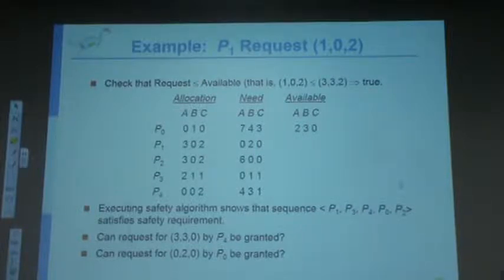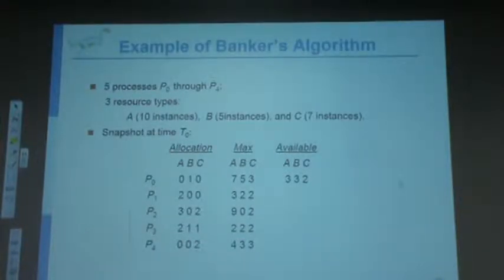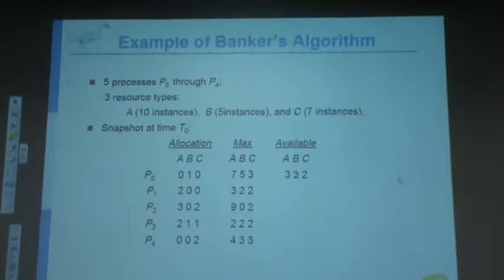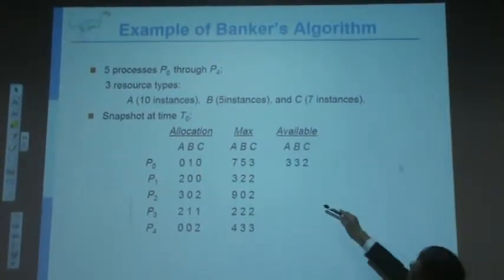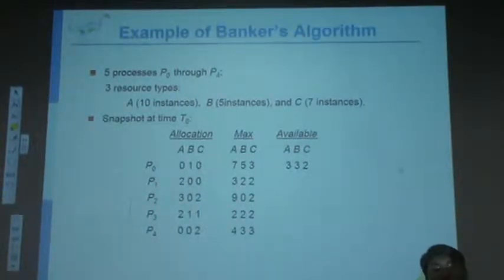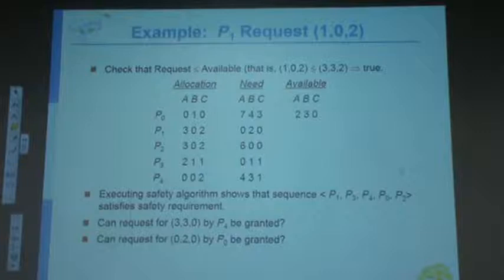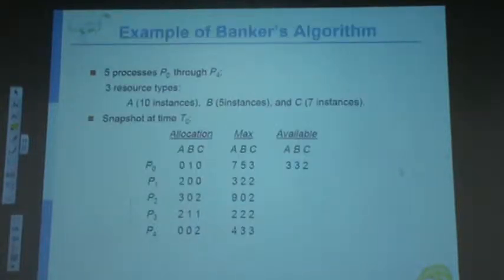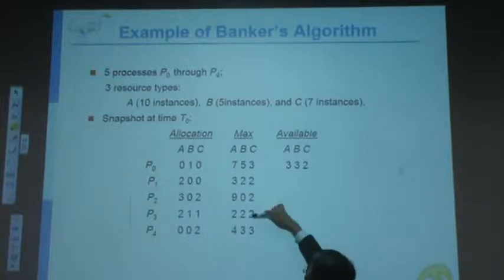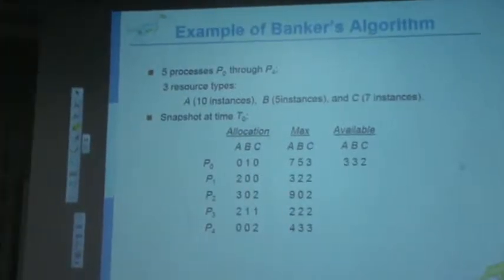What about P4 requesting 3, 3, 0 from this state? So available we have 3, 3, 0. Yes, you can grant it, but what if you grant this request to process 4, 3, 3, 0, and what happened? Why don't you try to solve the problem?